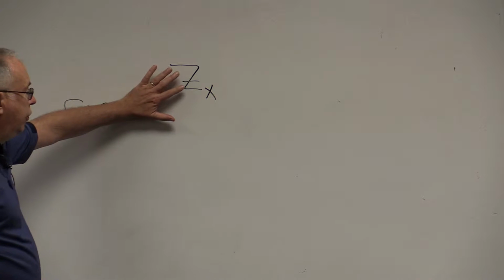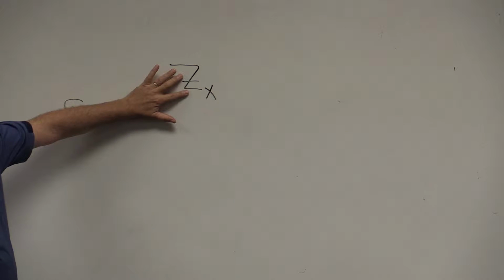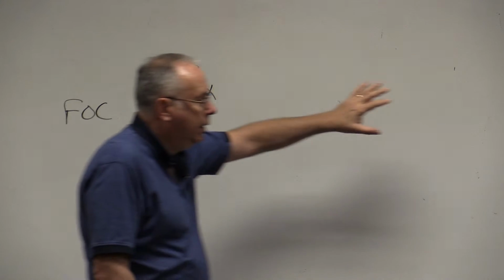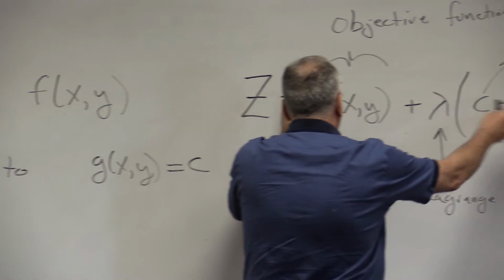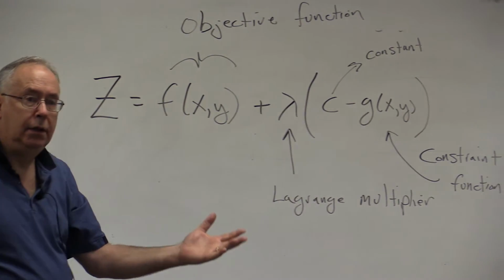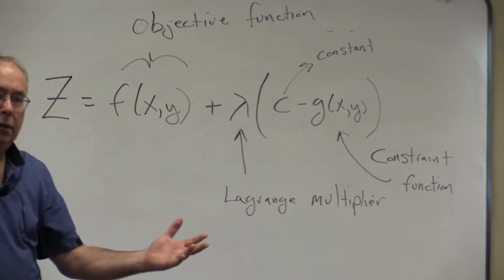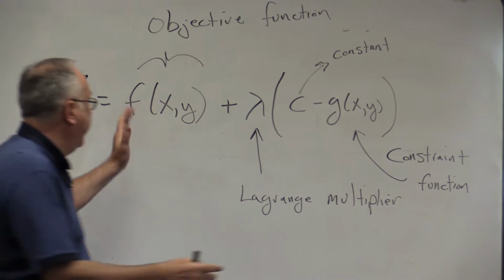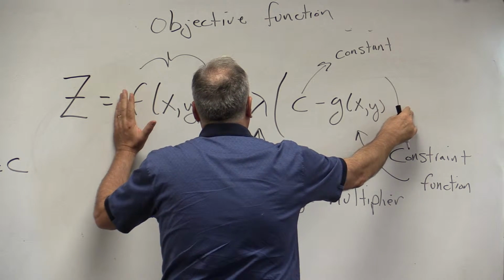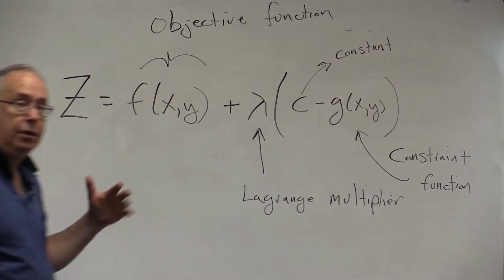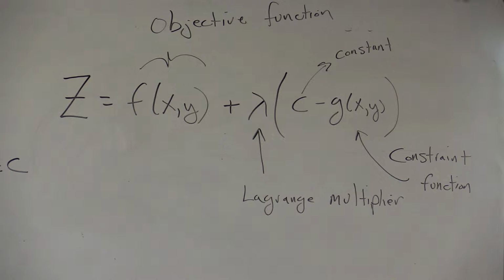This is the partial derivative of z with respect to x. And by the way, let me back up a second. What did you call this whole thing? What kind of function? Lagrange function.